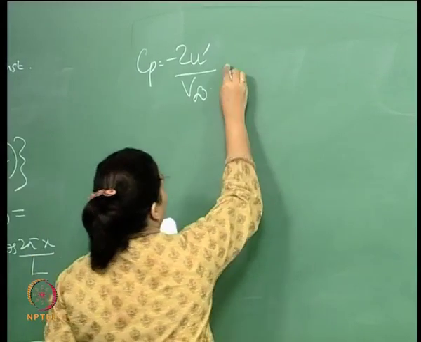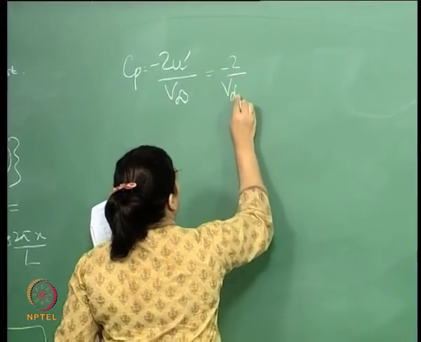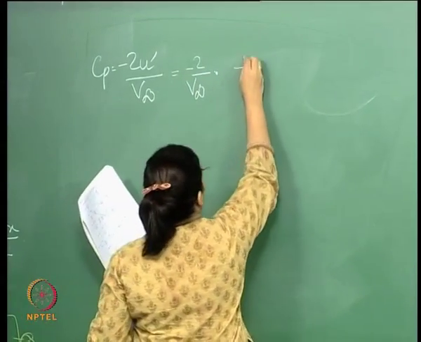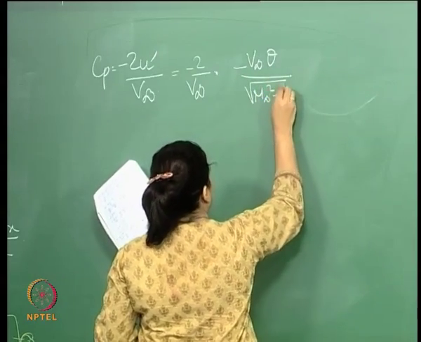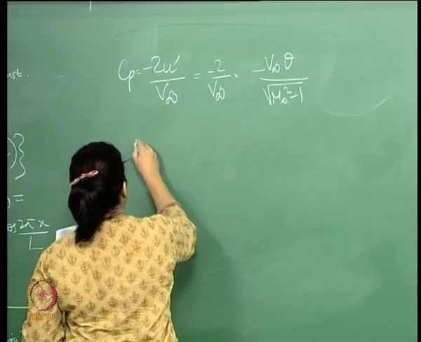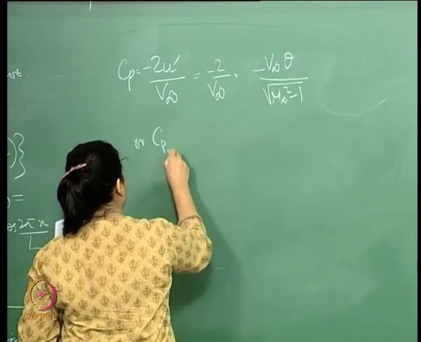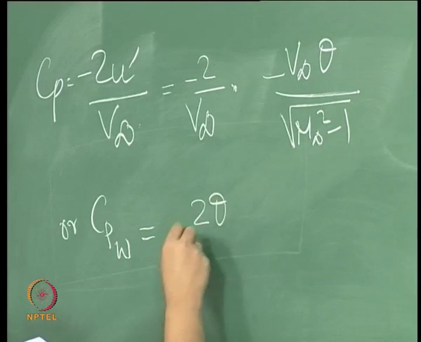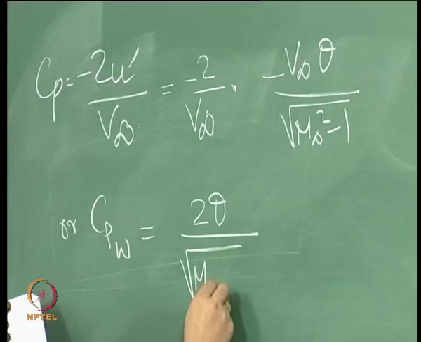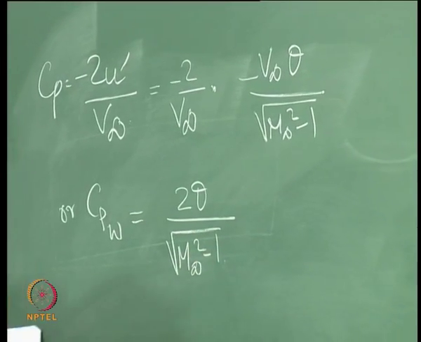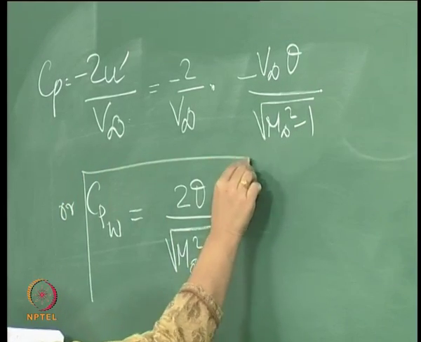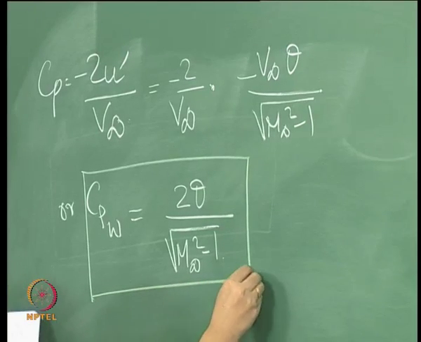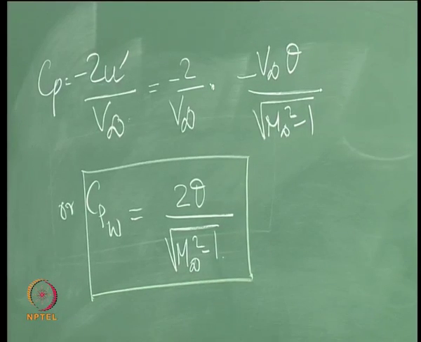So therefore I can write this, and for u dash we will incorporate this. So what we get is Cp at the wall. Okay, so now this is what we get at the wall.